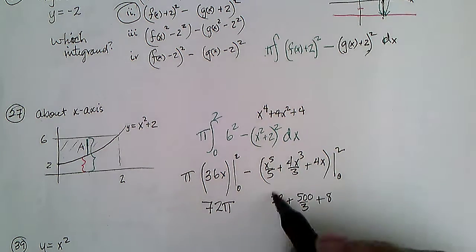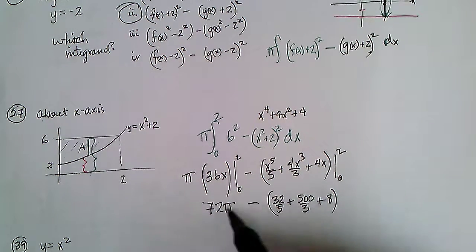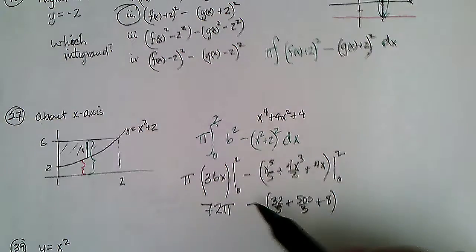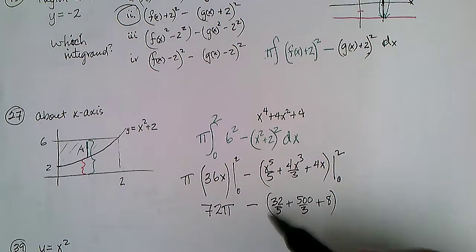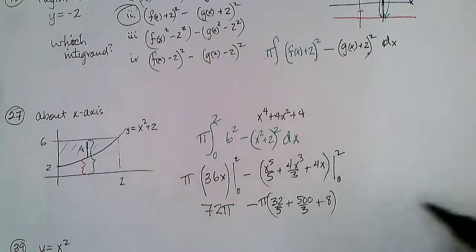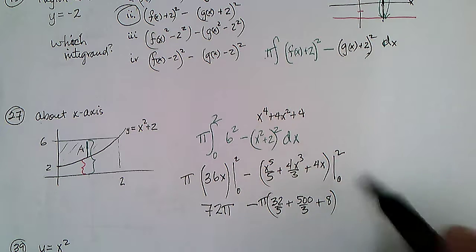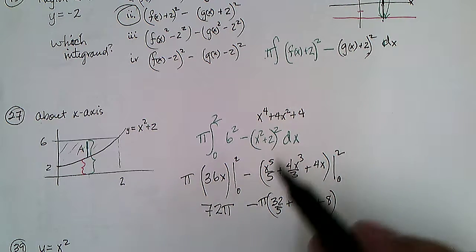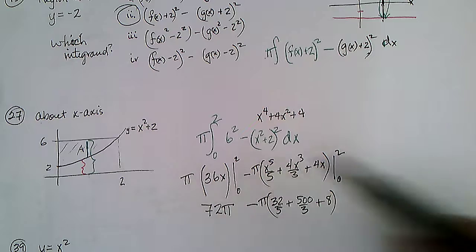Putting in 0, we get nothing, and so we got to take this away from 72 pi. Oh, and the pi is times this one also. Pi times this, and pi times that. I probably should put it right in here. There we go.